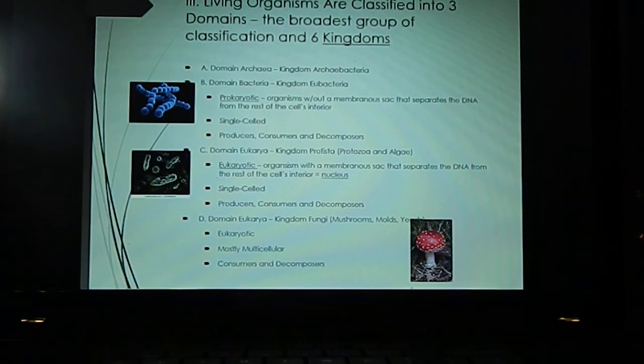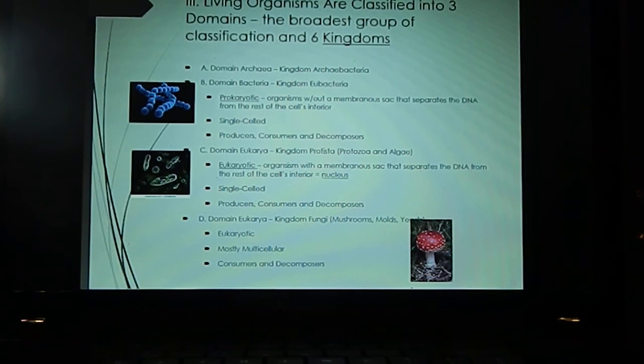And then there's domain Bacteria and the kingdom Eubacteria. If you see "eu" in front of a word in biology, eu is a prefix meaning true. So these are the true bacteria, what you think of when you think of Streptococcus and Staphylococcus and things like that. Both the domain Archaea and domain Bacteria are prokaryotic. Pro means early or first.